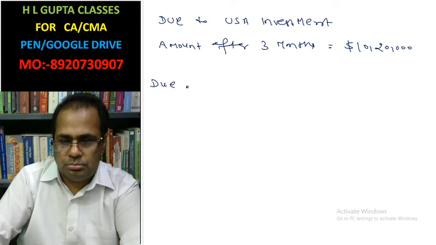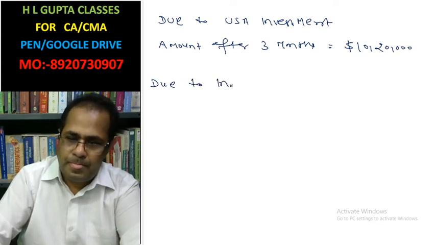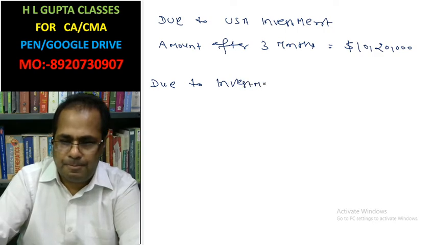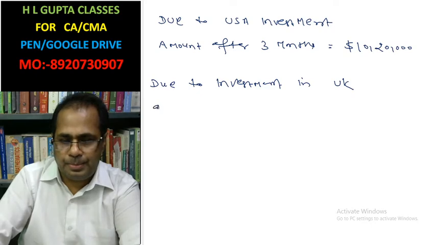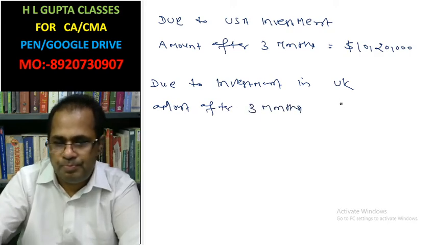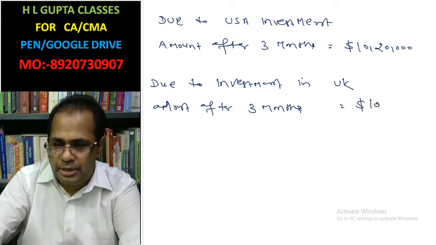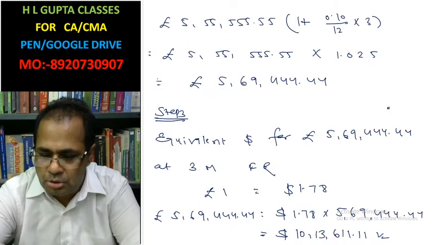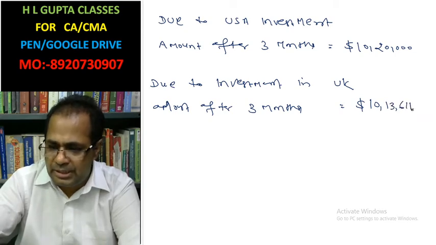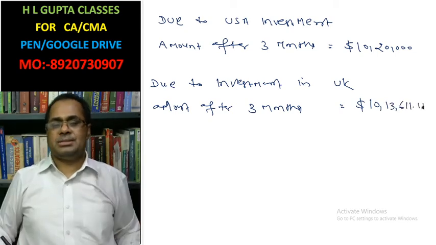Due to investment in UK, amount after 3 months, dollar 10 lakh 13,600. Which one is best?